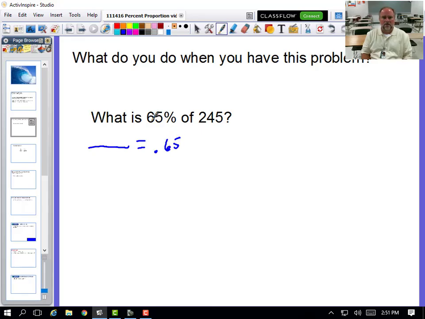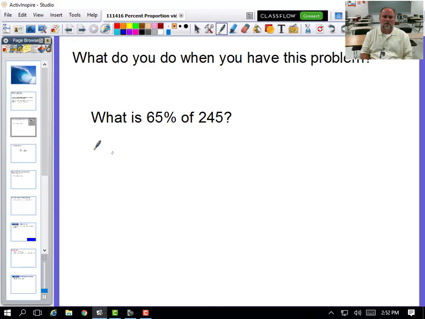Because we know to change the percent to a decimal, I just move the decimal over 2 places to the left and take off the percent sign. Of in math means to multiply 245. So we just multiply 0.65 times 245, and we will come up with 65% of 245. That's one way of doing this particular problem.